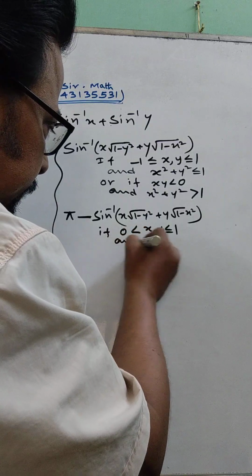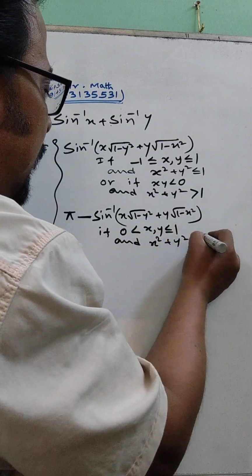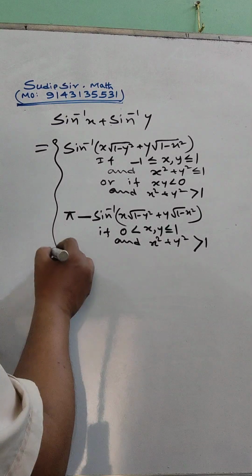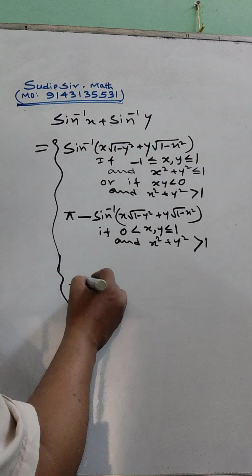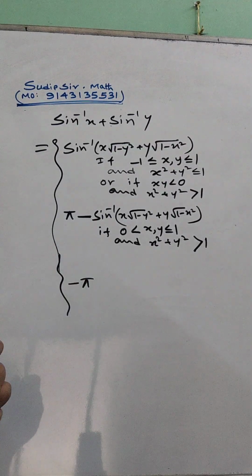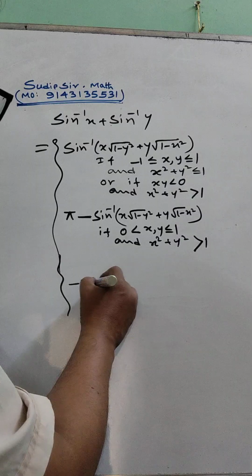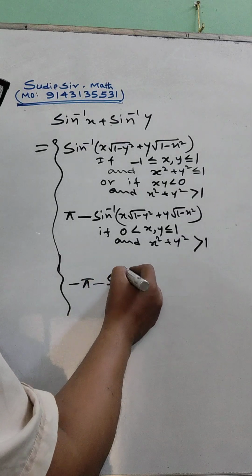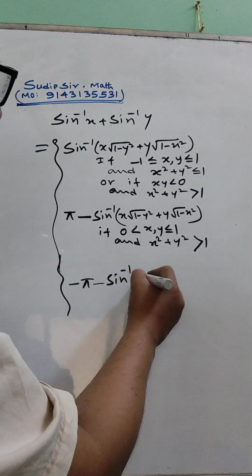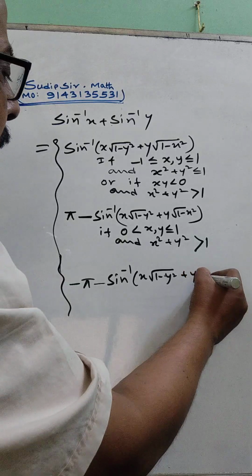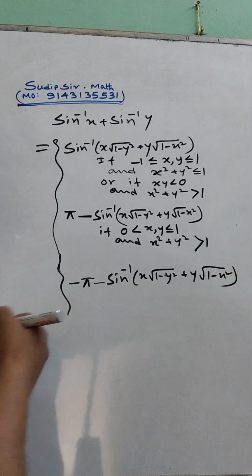and x² + y² > 1, and the other part will be −π − sin⁻¹(x√(1 − y²) + y√(1 − x²)).